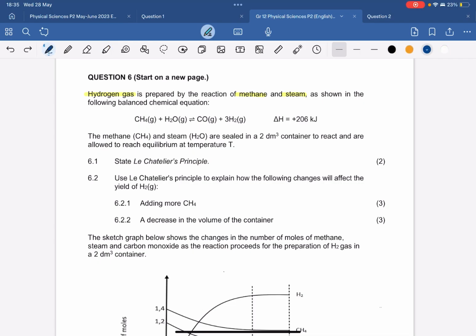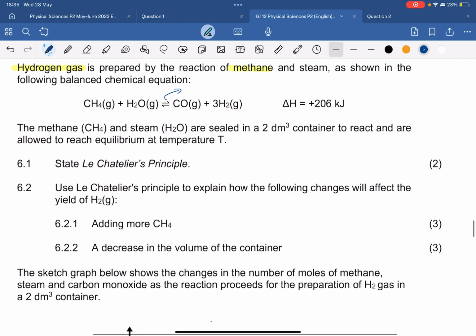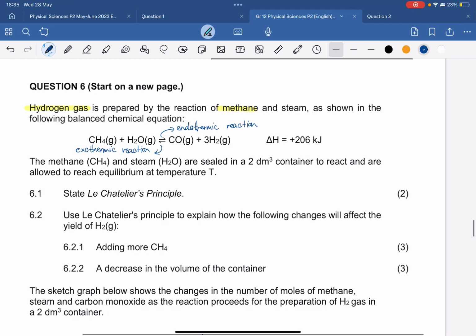Whenever we have a change in enthalpy that is greater than 0, that tells us that the forward reaction is endothermic, while the reverse reaction is exothermic. Alright, so whenever change in enthalpy is positive, that means the forward is endothermic and the reverse is exothermic.